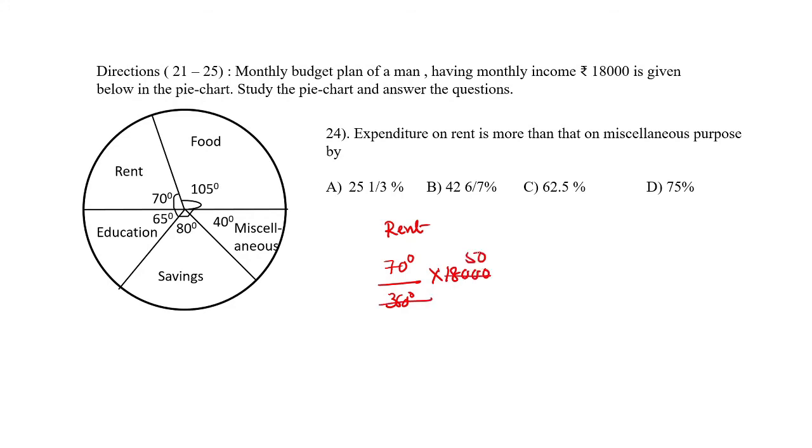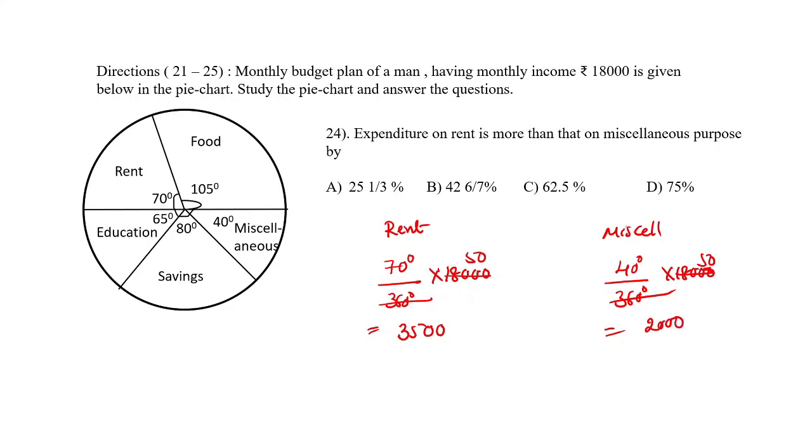So here 50 times cancelled. The value is 3,500 on rent. And for miscellaneous purpose, calculate 40 degrees by 360 degrees into 18,000. Same here, 50 times cancelled. So 2,000 is the result.